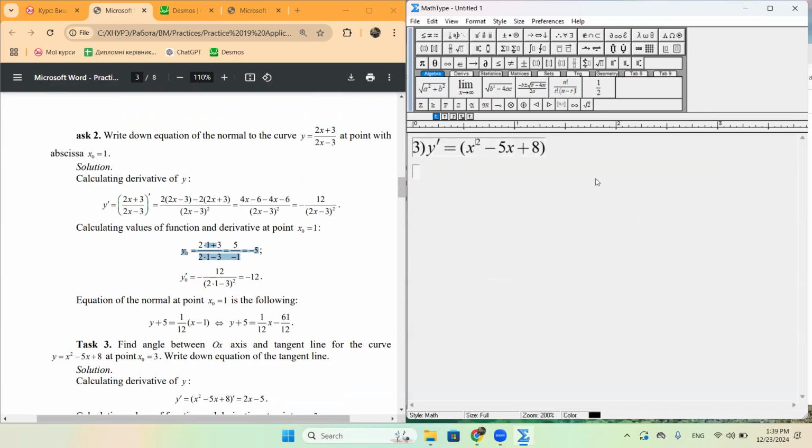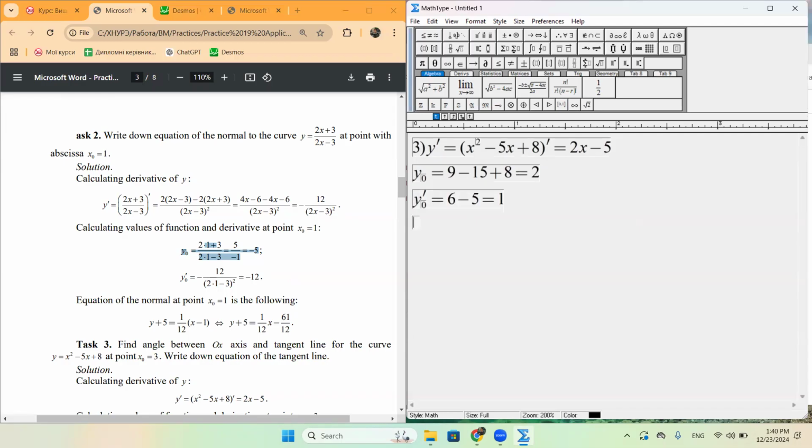So y prime, of course, is 2x minus 5. y0 equals 9 minus 15 plus 8, which equals 2. And y prime at point 3 is 6 minus 5, which equals 1.